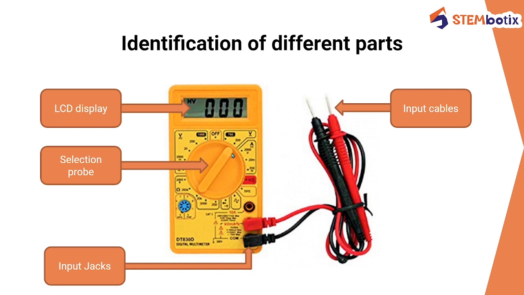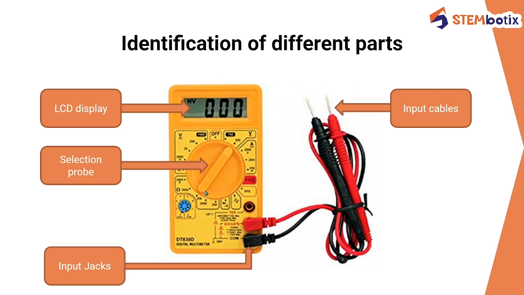Now here this is a selection knob. Using this you can change your functionalities by moving it in clockwise direction or in anti-clockwise direction. So this is something like a probe or knob.